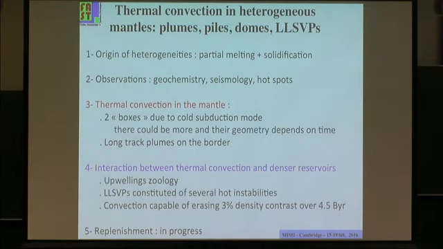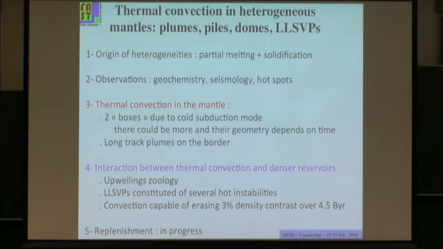But I think that you need chemical heterogeneities to explain the upwelling zoology, to explain the LLSVPs and their history through time and their morphology. But convection is anyway able to erase about 3% in density contrast over the history of the Earth.